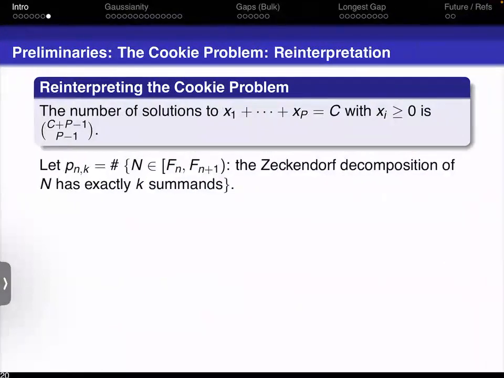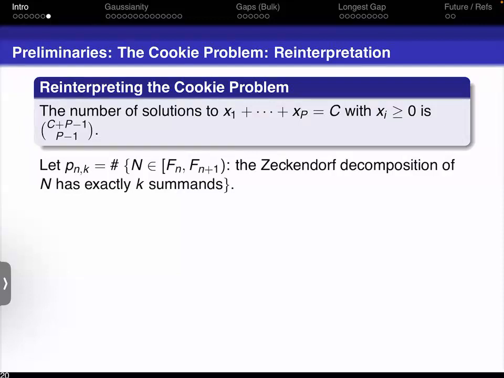So it turns out that this has an immediate application to the Zeckendorf problem. So let p_{n,k} be the number of integers in the interval [F_n, F_{n+1}) that have exactly k summands in their Zeckendorf decomposition. So this is a more involved sequence of numbers than you've typically seen. This now has 2 indices, so it's going to be a little bit more complicated.